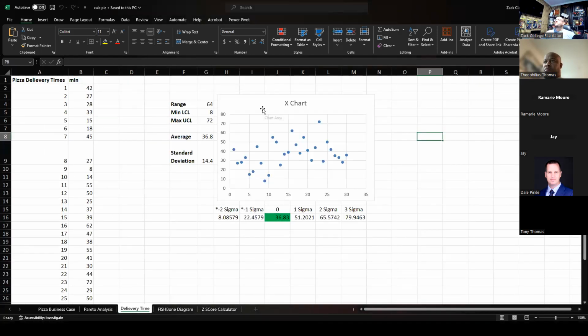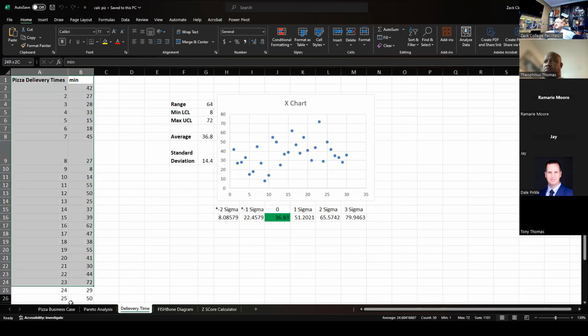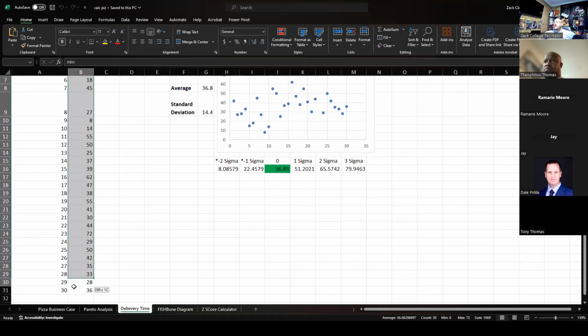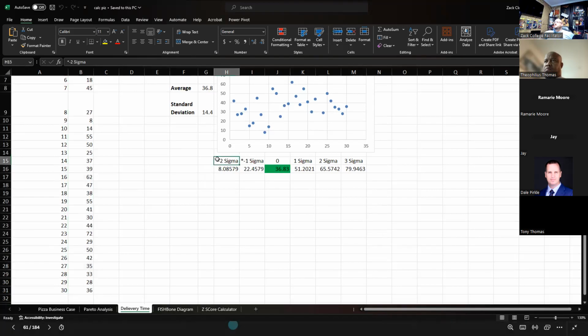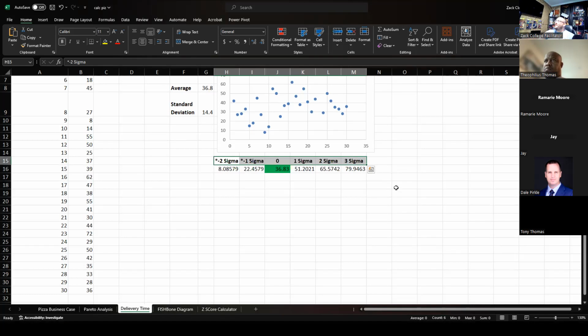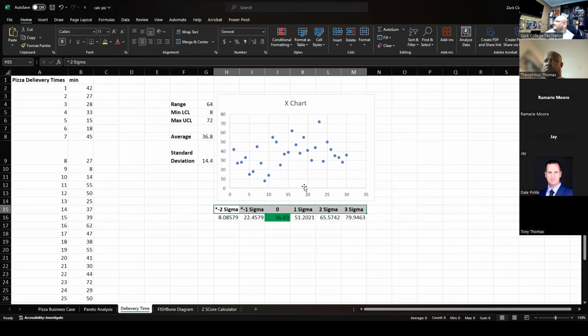Now, as we're looking at this chart of our delivery times, right? We established this as a way to document and measure our baseline performance. From there, we dove into understanding what Z scores were and how that leads us to our baseline data.